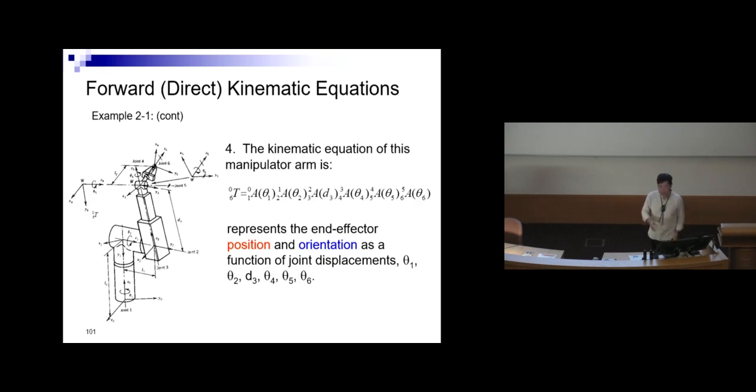To multiply the final matrix together will be tedious. So one way to do it is to use a symbolic math toolbox. From MATLAB, you define the variables and then you multiply them, rather than doing manual multiplication.